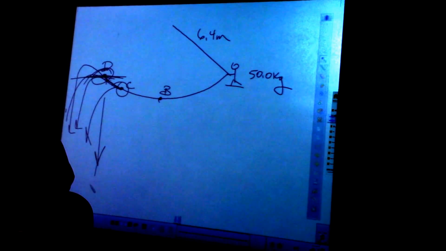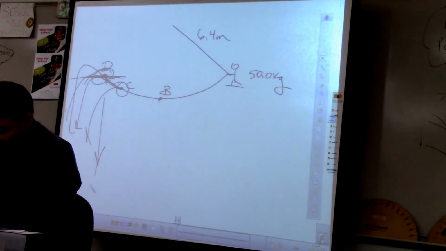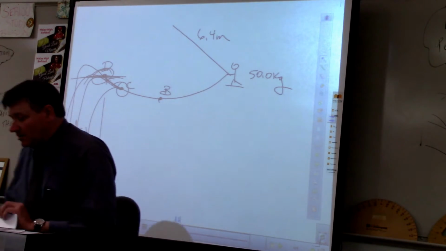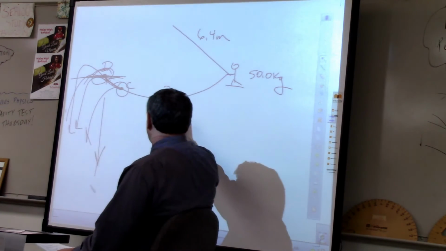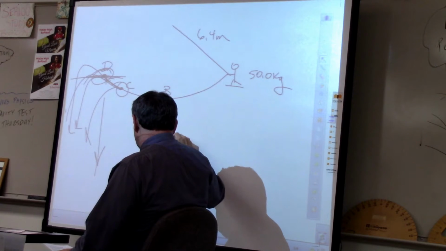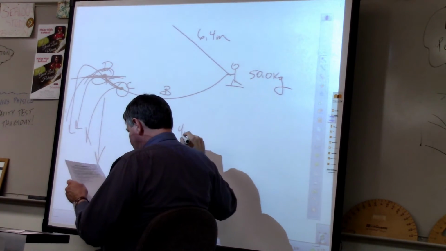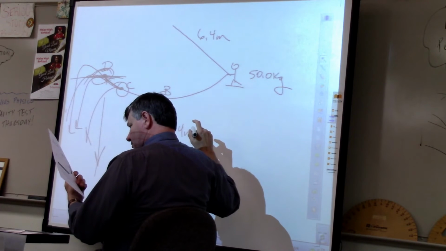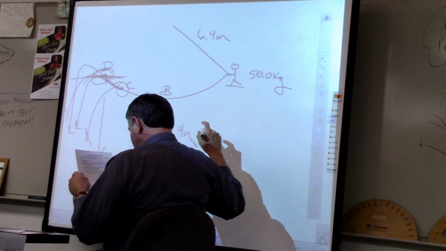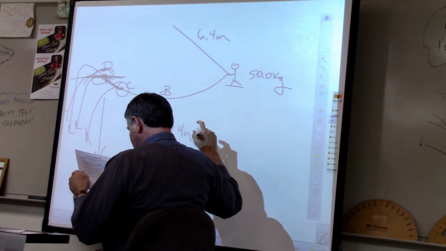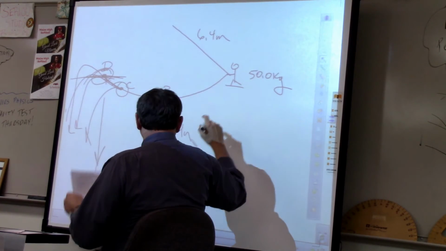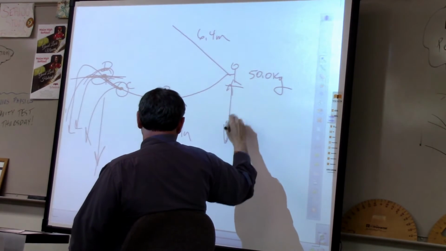How far is the person actually going to fall? If you look at that, you're 2.4 meters here above the water. And the person is, oh, I made a mistake, 4.1 meters above here.